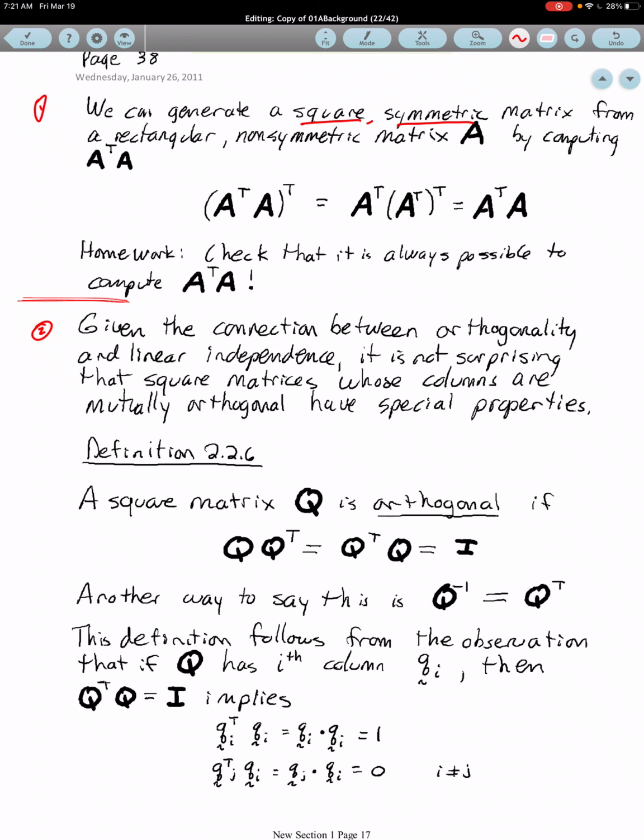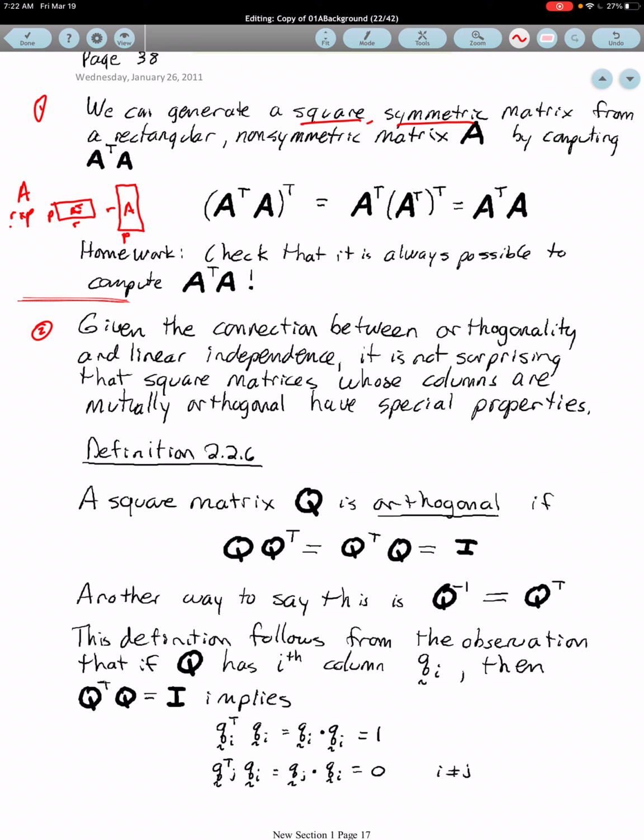So what's going on here? Well, we're going to think of A being, let's go ahead and say it's R by P, and we're going to think of R being greater than P, or at least that's the way I'm going to draw it. So here is our matrix A, it is R by P, and then my A transpose would be short and fat, and so this would be P by R. And you notice that I just threw the transpose there.